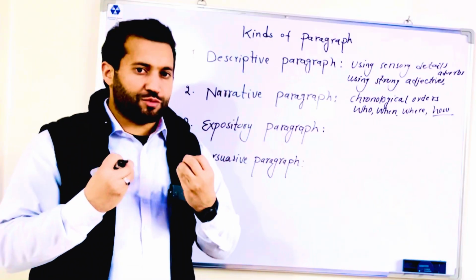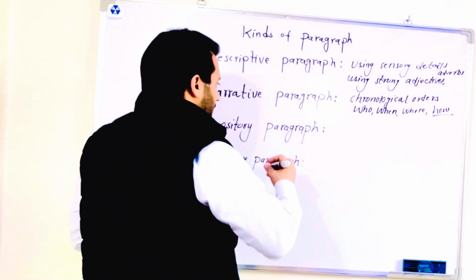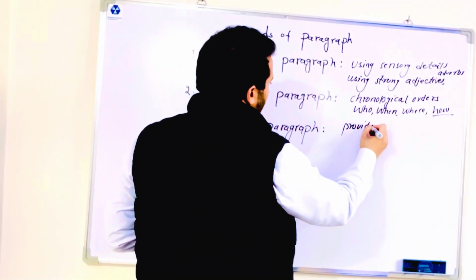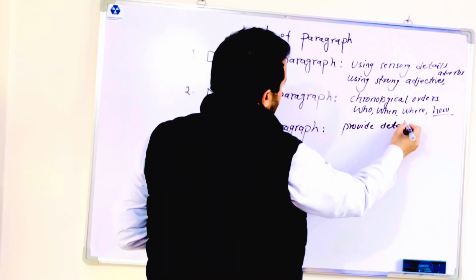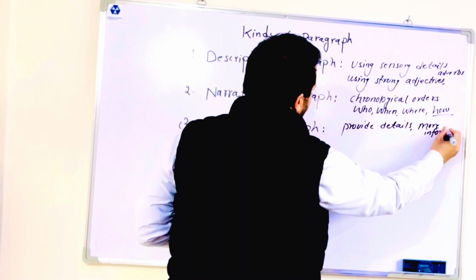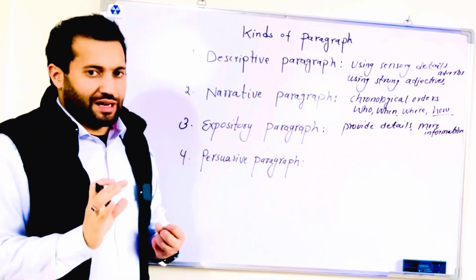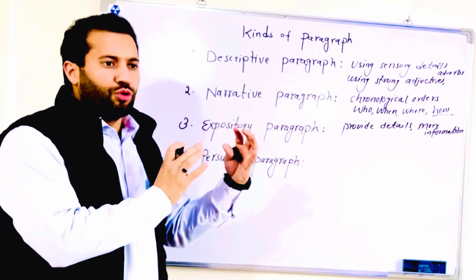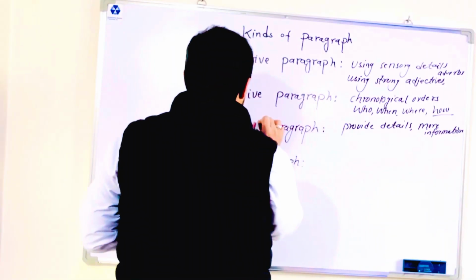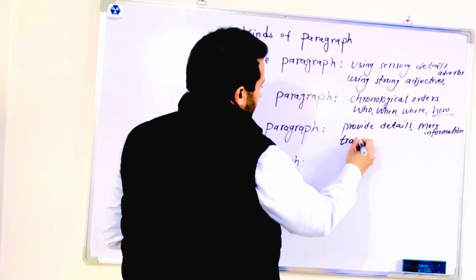When you want to write an expository paragraph, we also consider two most important things. Number one is we provide more details, or more information. More information should be provided. The second step when you want to write an expository paragraph is using transitional words.